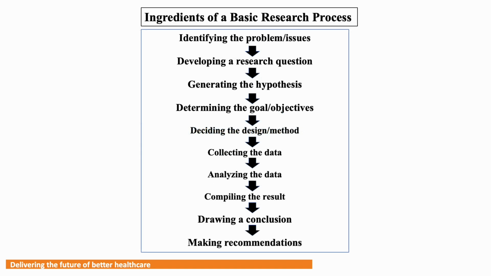So, putting them down into a flow chart for your convenience, as shown here: identifying the problem or the issue, developing a research question, generating the hypothesis, determining the goal and objectives, deciding the design method, collecting the data, analyzing the data, then compiling the results, drawing a conclusion, and then the research outcome in terms of making some recommendations.